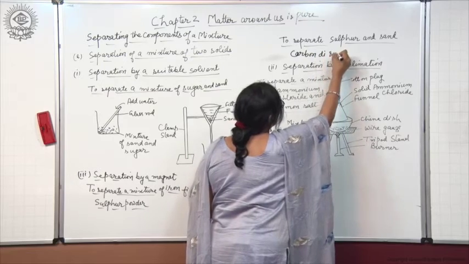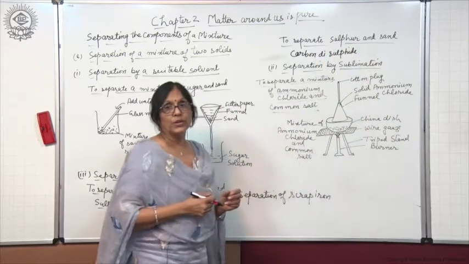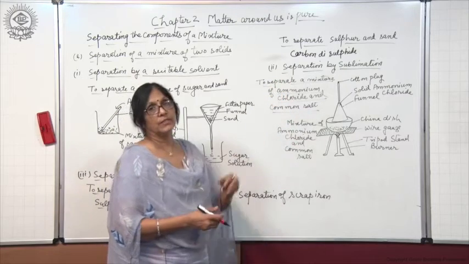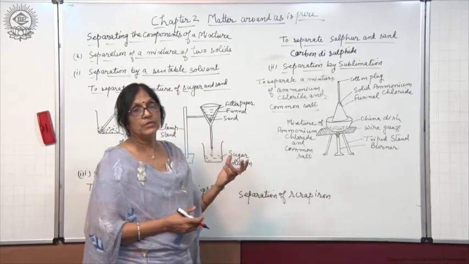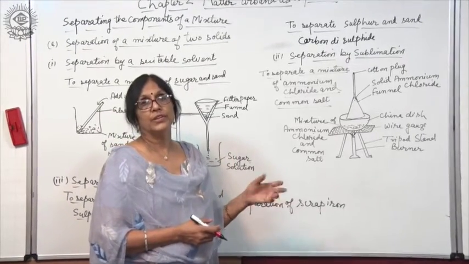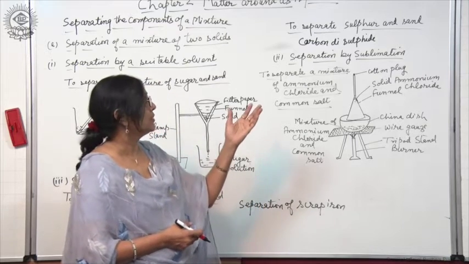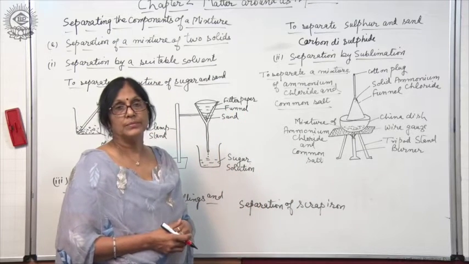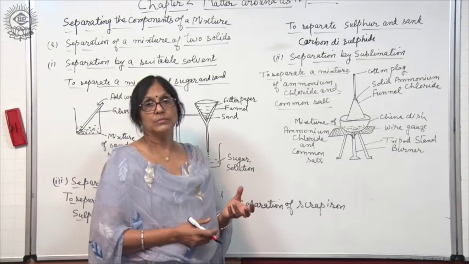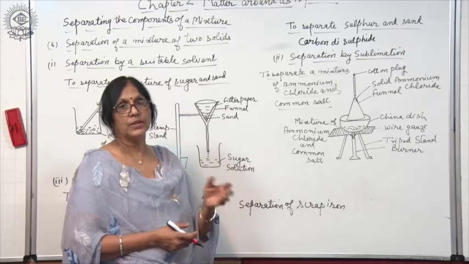So, here instead of taking water as a solvent, we will take carbon disulfide as the solvent, dissolve this mixture in carbon disulfide and then filter. Sulfur will dissolve in carbon disulfide, leaving behind sand on the filter paper, and then from the solution of sulfur in carbon disulfide, sulfur can be separated.